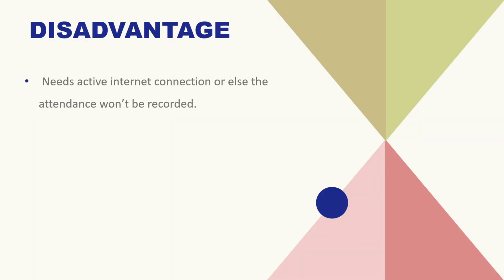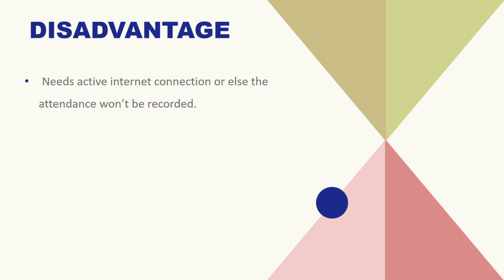The disadvantage, there's only one disadvantage in this cloud-based attendance management system. It needs an active internet connection, or else the attendance won't be recorded. This can't really be seen as a disadvantage, as internet is the main sole thing to run this cloud.